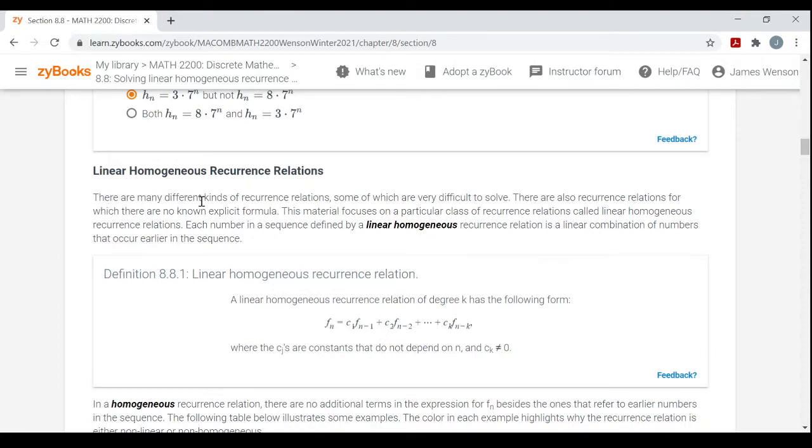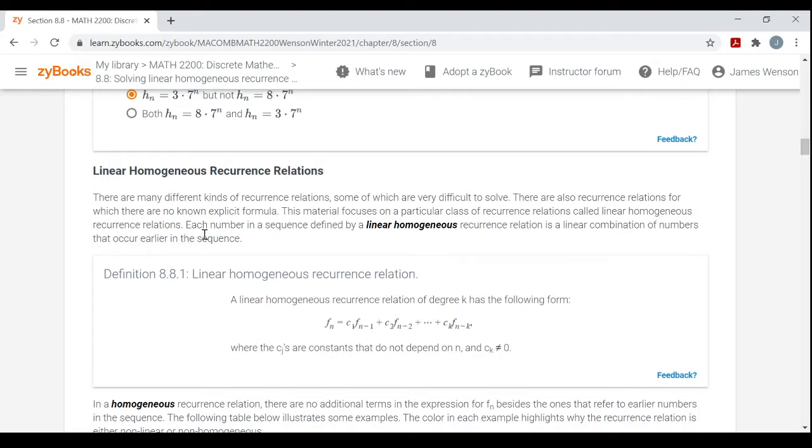There are many different kinds of recurrence relations, some of which are very difficult to solve. There are also recurrence relations for which there is no known explicit formula, ones that haven't been solved yet. But this material focuses on a particular class called linear homogeneous recurrence relations.